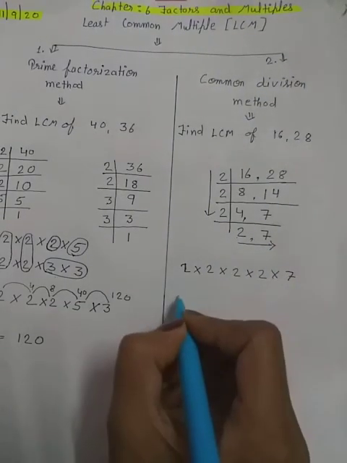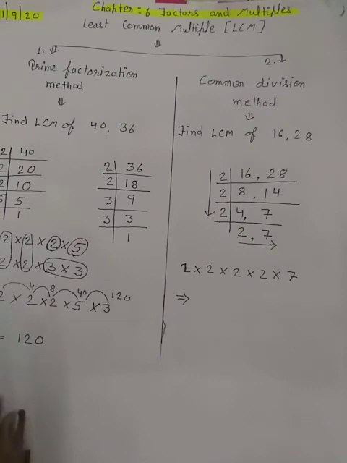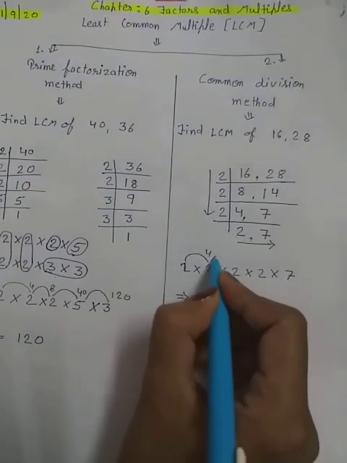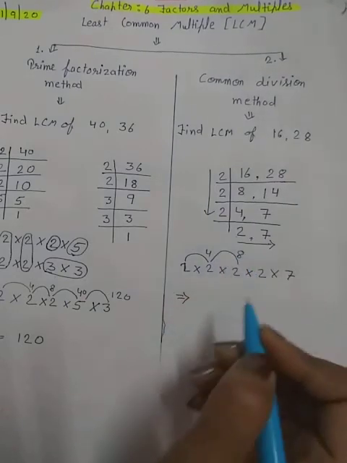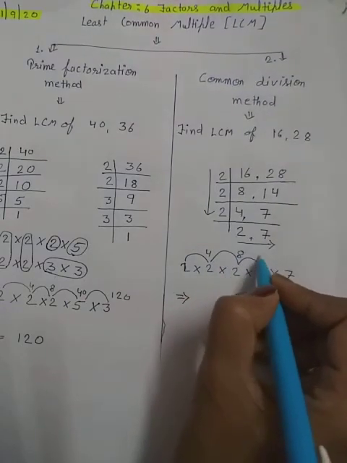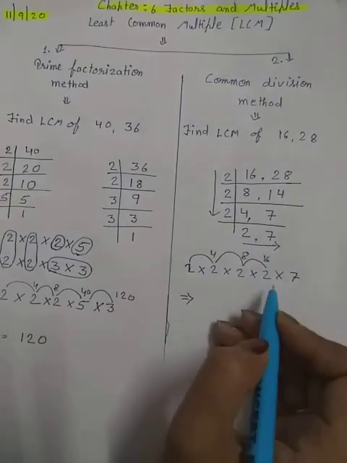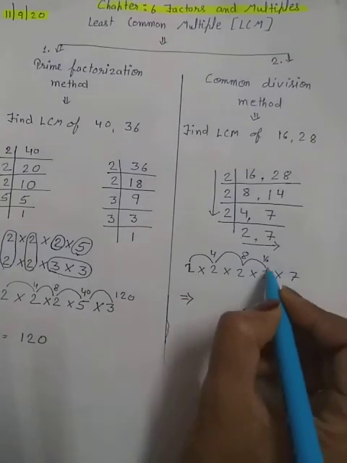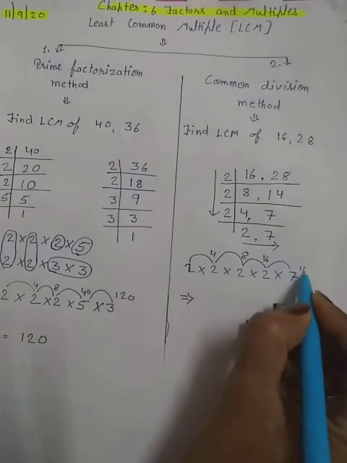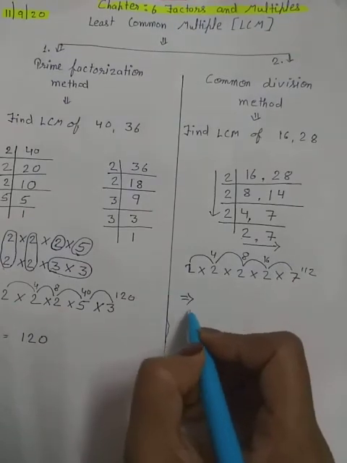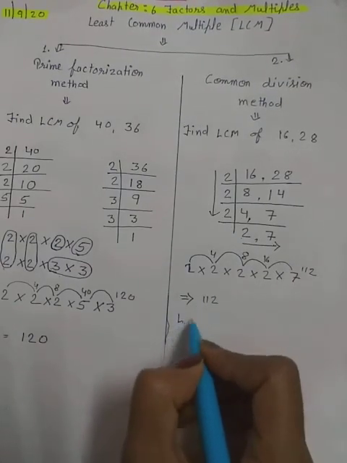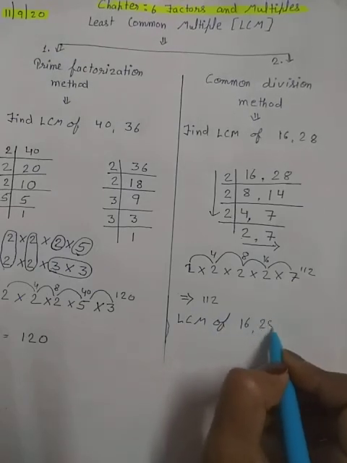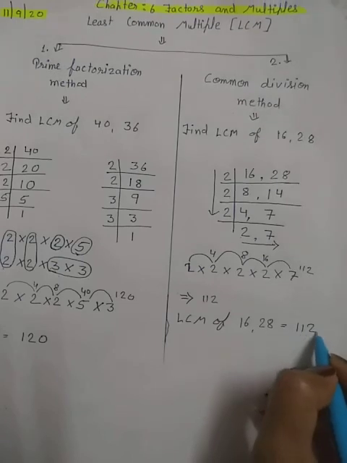Find the product. 2 twos are 4, 4 twos are 8, 8 twos are 16, 16 sevens are 112. So the LCM of 16 and 28 is 112.